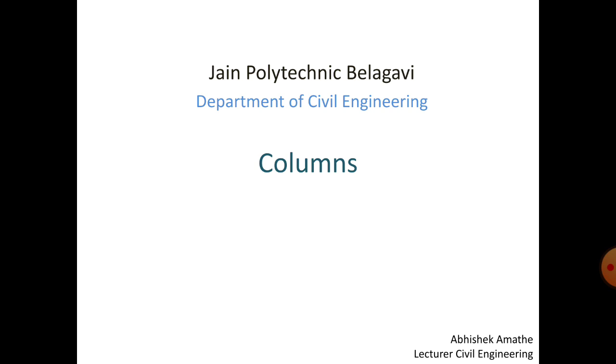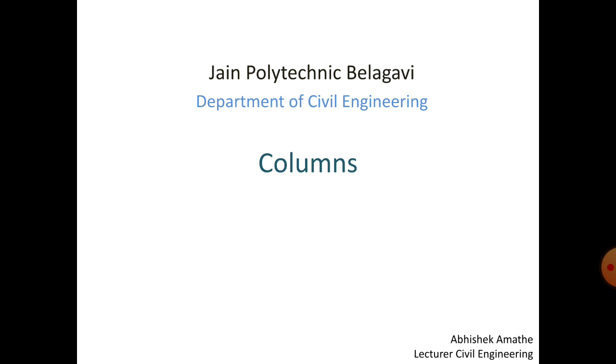The load is applied along its center of gravity, or CG. At that point we apply the load, and that load is called an axial load. When we apply a compressive axial load on a vertical structural member, that type of member is called a column.